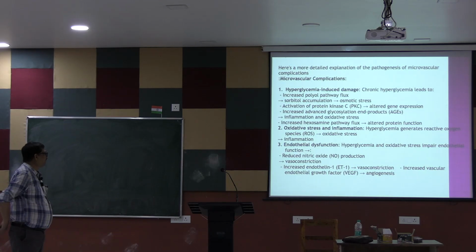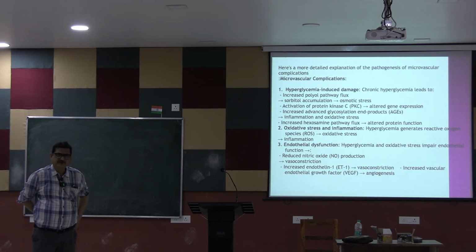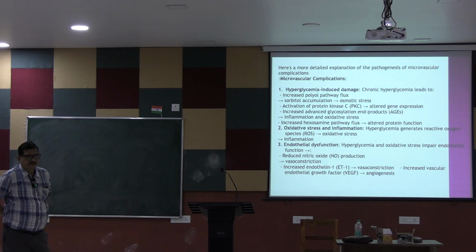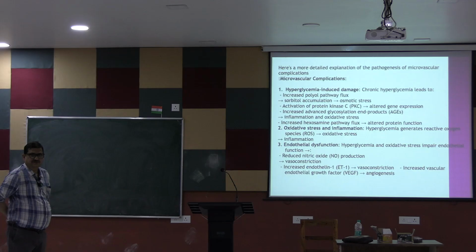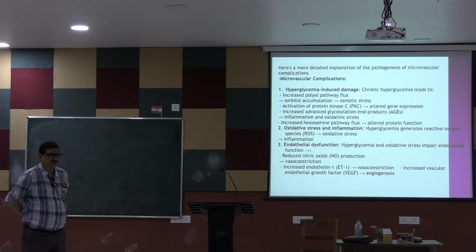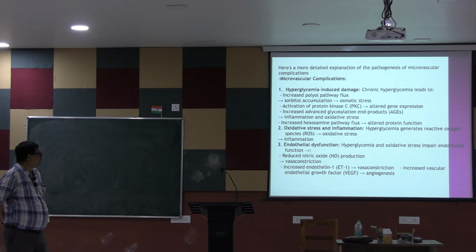Next is oxidative stress and inflammation. Hyperglycemia generates reactive oxygen species, ROS. Have you read this in physiology? You have completed pathology also. These ROS are dangerous. They produce oxidative stress in the body and ultimately lead to inflammation and fibrosis. Endothelial dysfunction: hyperglycemia and oxidative stress impair endothelial function by reducing nitric oxide production, and that leads to vasoconstriction.